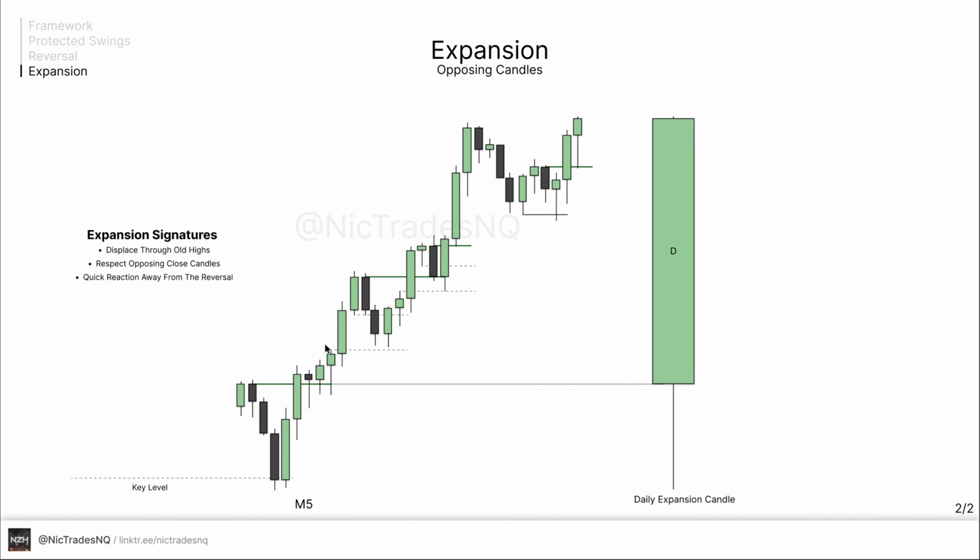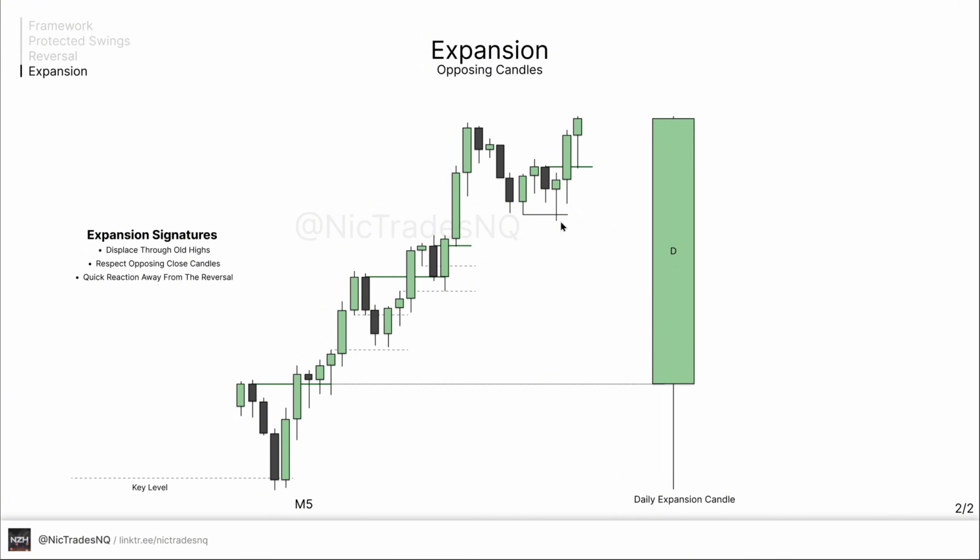Obviously, it doesn't always go as clean as this. We all know that. But that's the idea. And then you can get small opposing sweeps here, which creates a new protected swing. So once we get that sweep here, and you close up above here, you can trail your stop to this low if you want, as this should be a new protected swing that we should return back down to.